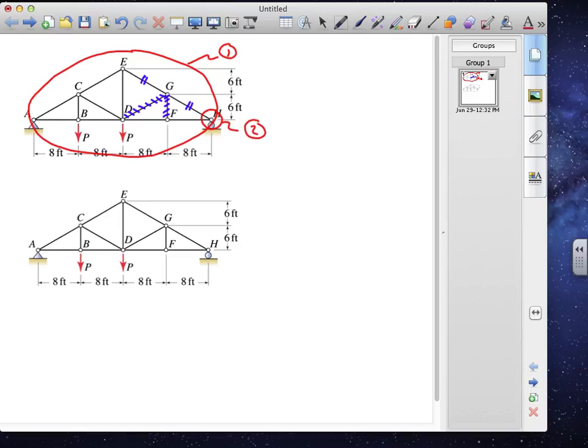Since the load carried by EG is the same as that carried by GH, impose horizontal and vertical equilibrium on joint E to find the force carried by member DE. These 3 free body diagrams will comprise solution number 1.